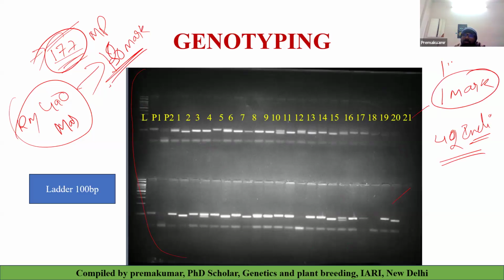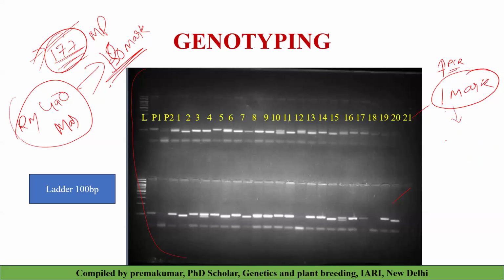How many PCRs do you have to do for one marker? Can anybody guess? These are the questions they are going to ask in interviews. For one marker, with 177 mapping individuals, how many PCRs do I have to set up?